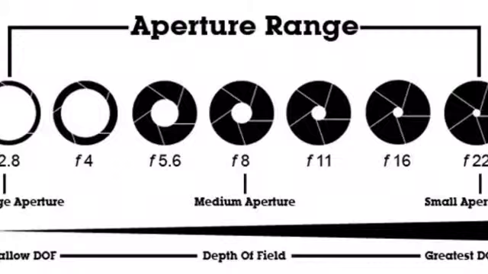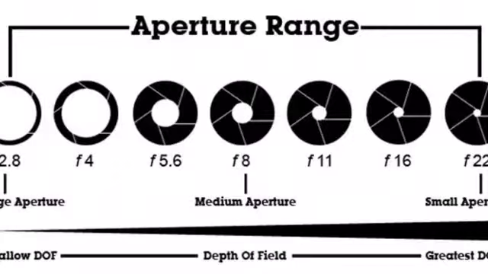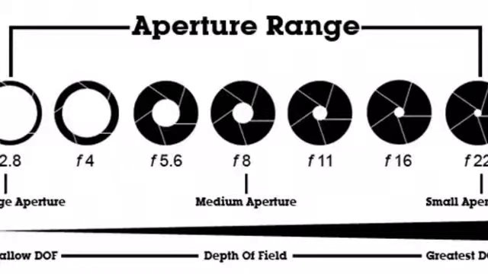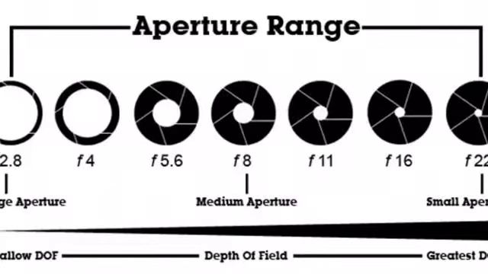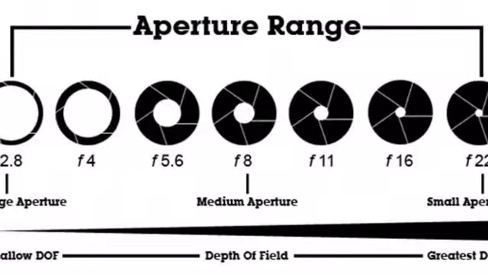Here's another example. Smallest aperture to the right, largest aperture to the left at an f2. So let's do an example. If I took a correct exposure at an f8 with a 1/60th for a shutter speed, and I decided I wanted a shorter depth of field to focus on, so I went down to a 5.6 for my f-stop, my aperture.